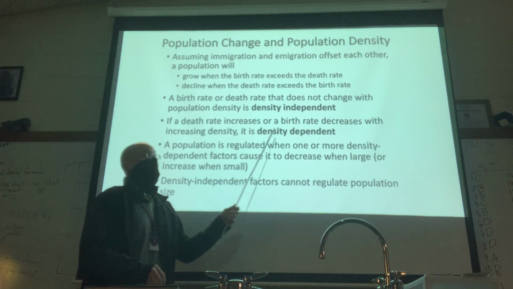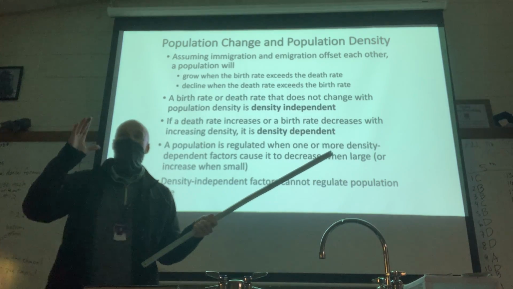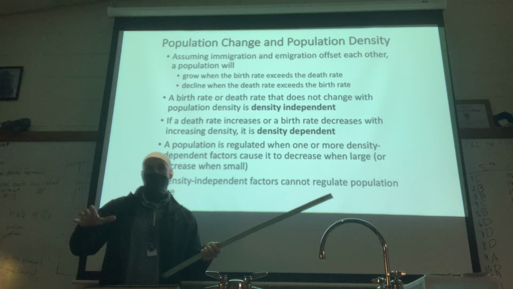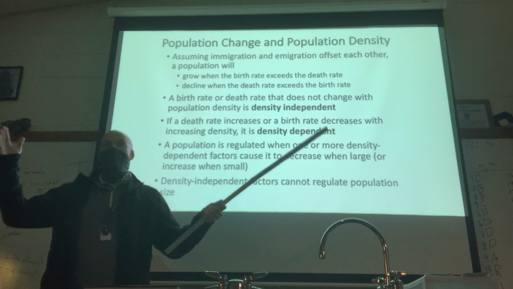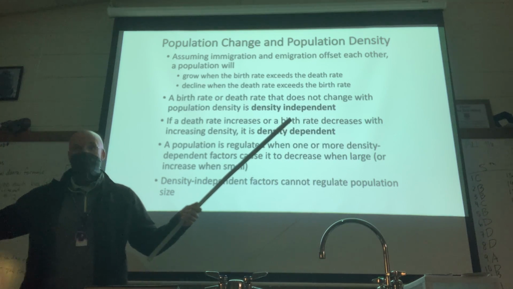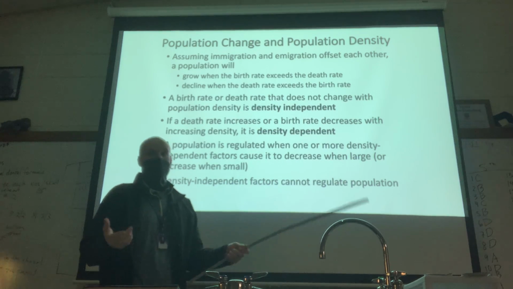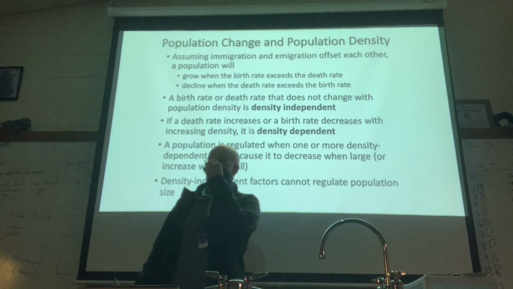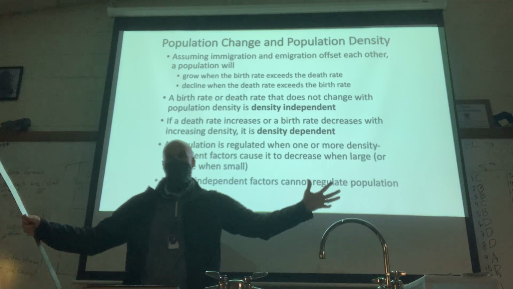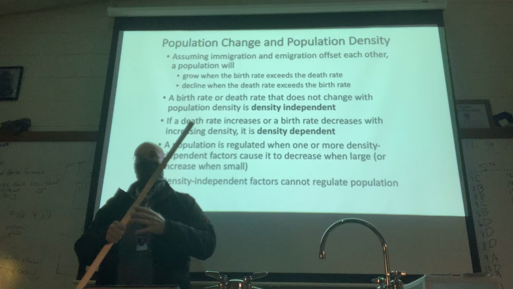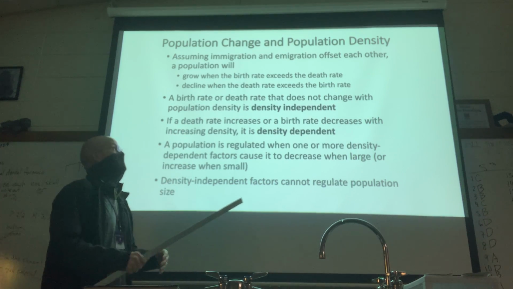Basically, density-dependent factors are things that affect the growth of a population that are a function of how big the population is. So usually when you talk about density-dependent factors, you're talking about things that, when the population gets big, slow the growth rate down. And I have some examples.